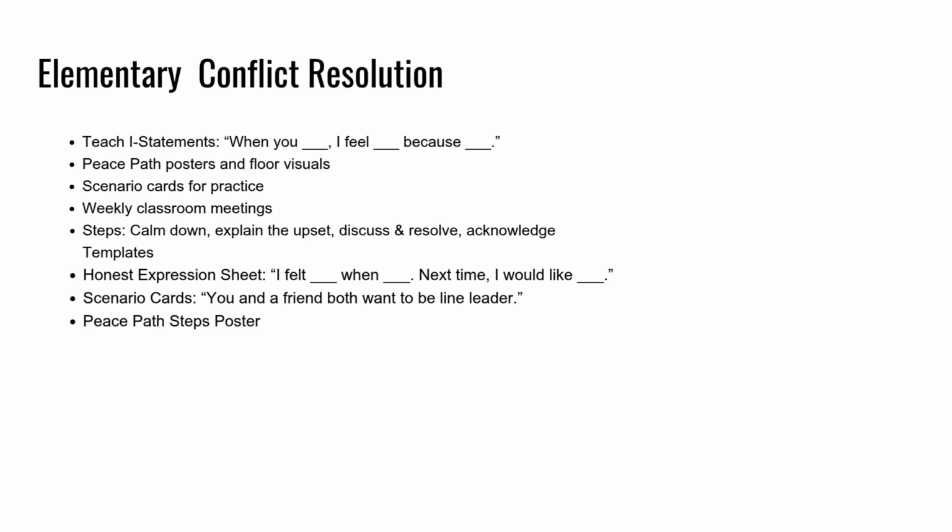Here, you will also teach the I statements. When you blank, I feel blank because of blank, and then I would like blank. Conflict resolution steps help students to calm down, explain why they're upset, discuss and resolve their feelings, acknowledge, and then maybe even get a handshake or a hug out of it.